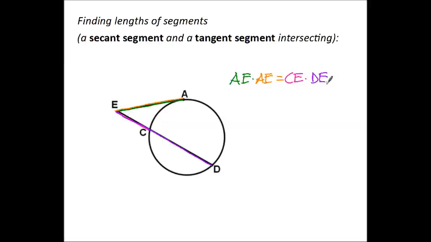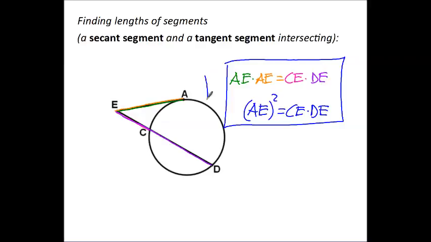So essentially this is really all the same, and the only difference is now instead of writing AE times AE, you could write AE squared is equal to CE times DE, and there is your formula once again.